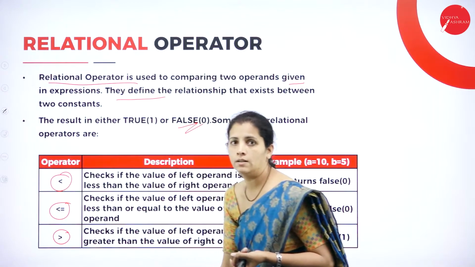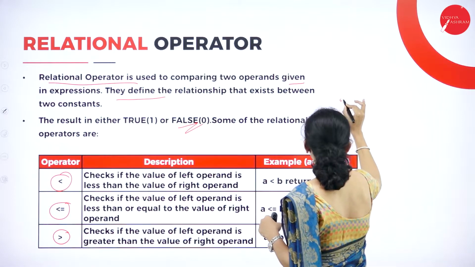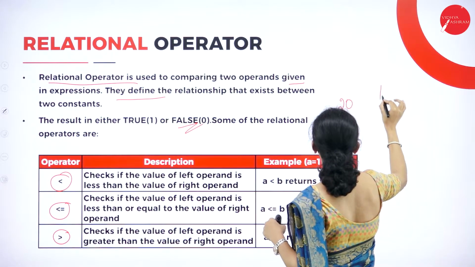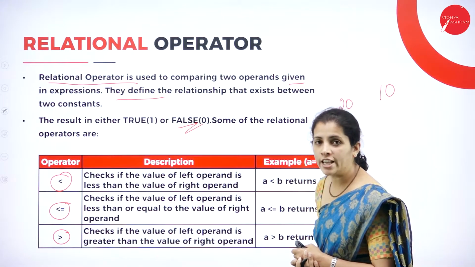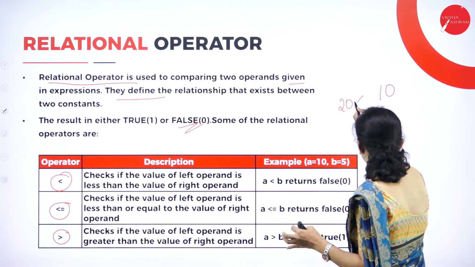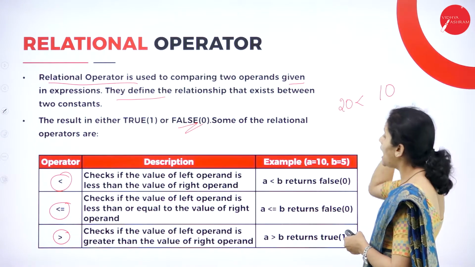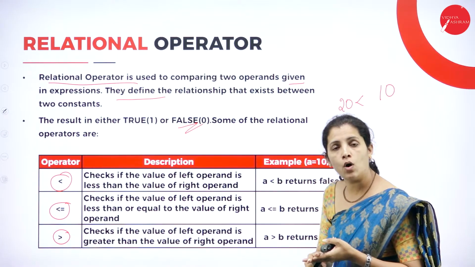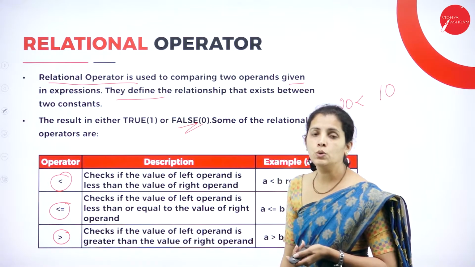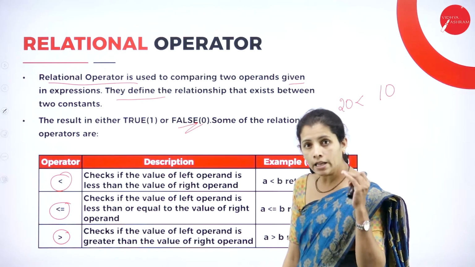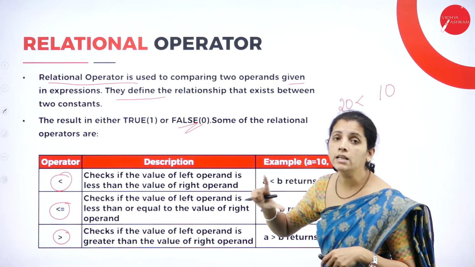So dear student, let me consider a simple example where I have the values 10 and 20. Now I want to check if 20 is less than 10. So I'm going to have two possibilities: either I can get true or false. In the same way I can use less than or equal, and even I can use the greater than symbol.